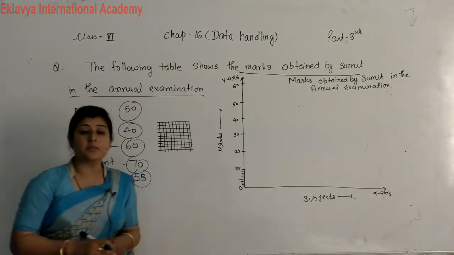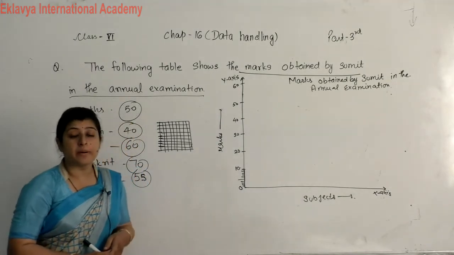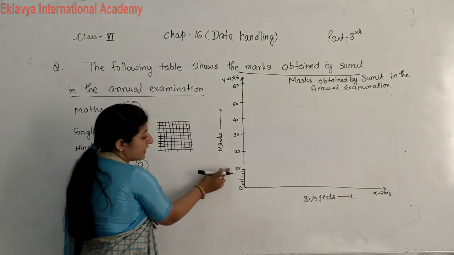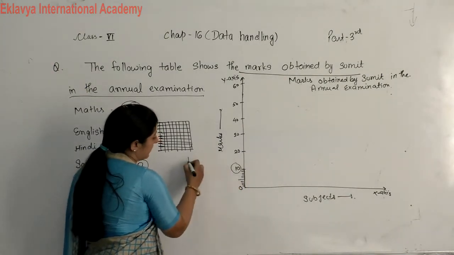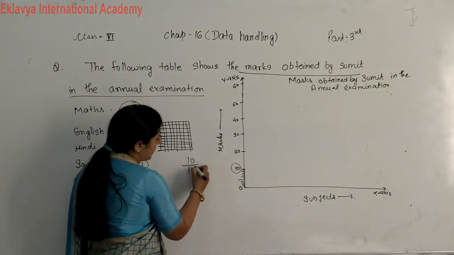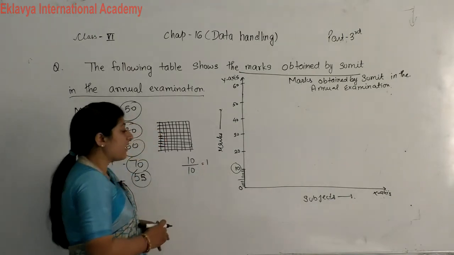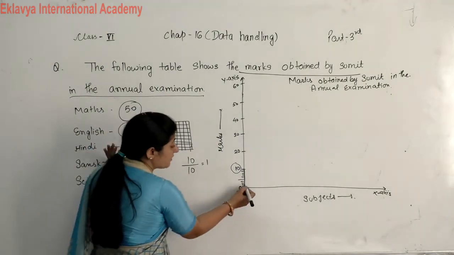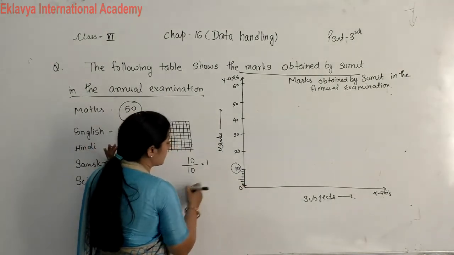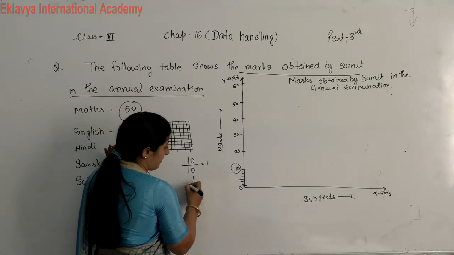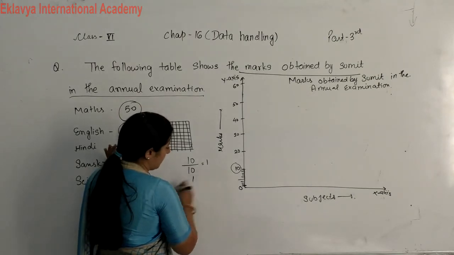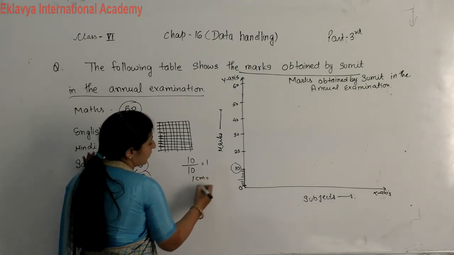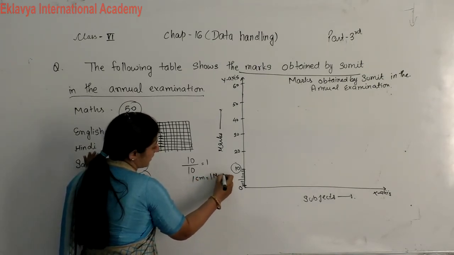One large box is divided into 10 parts, so each small part is equal to 1 unit. We can say that 1 centimeter is equal to 1 mark.